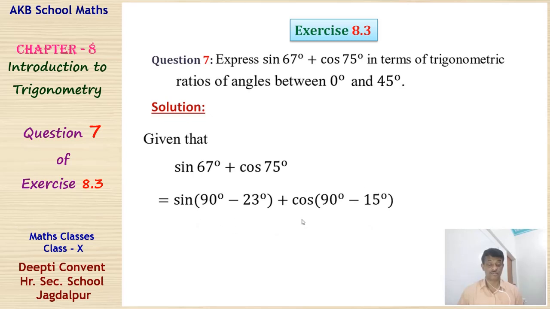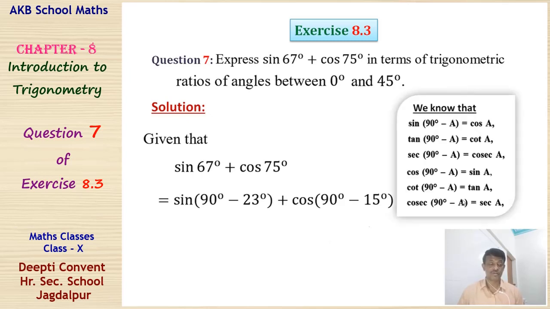And we also know the ratios of complementary angles. Here sin(90 minus A) equals cos A, so we can write this as cos 23, as 23 is an acute angle.